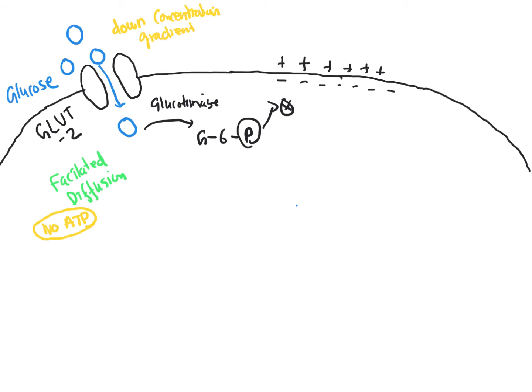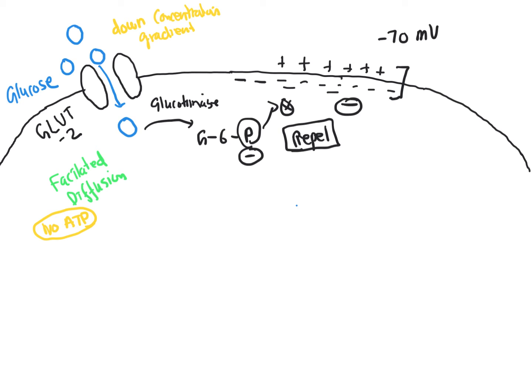And note that the resting membrane potential of the cell is negative 70 millivolts. Because of that, the negative charge on the glucose 6 phosphate and the negative resting membrane potential cause glucose 6 phosphate to stay inside because negatives and negatives repel each other.